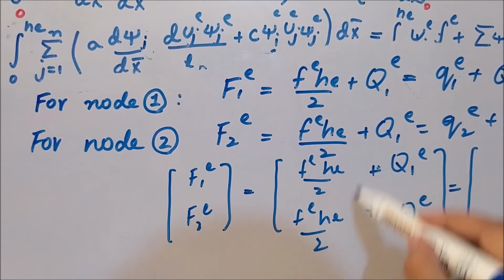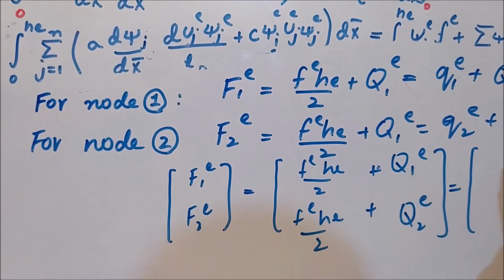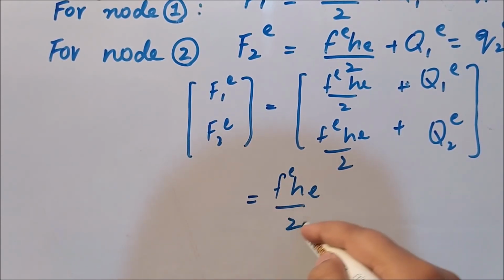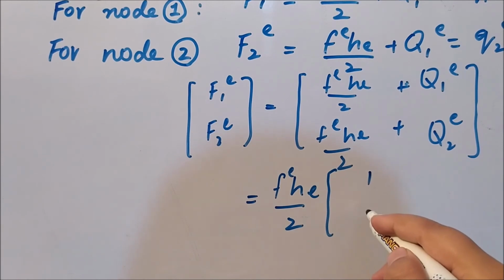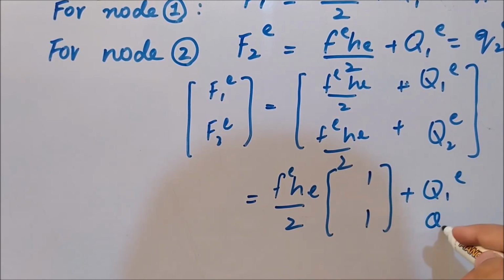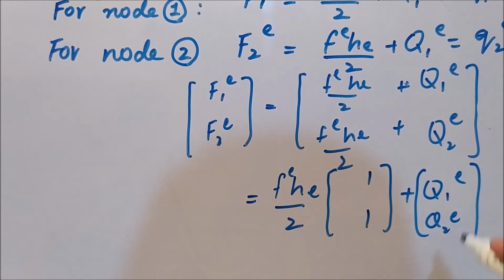So we can take this thing out, that is the same thing. If we take fh by 2 common from this, we can write this Q1E and Q2E here. So this is the force vector.